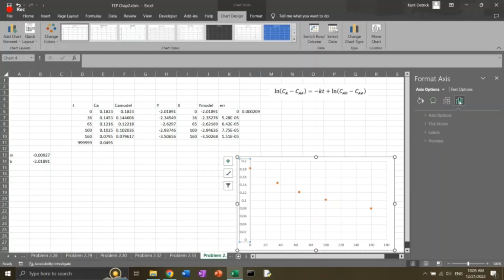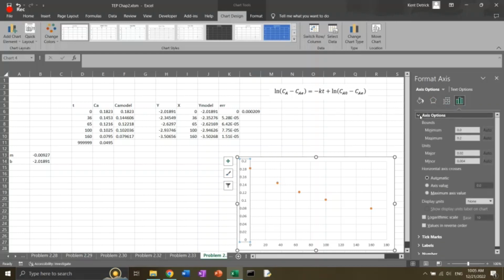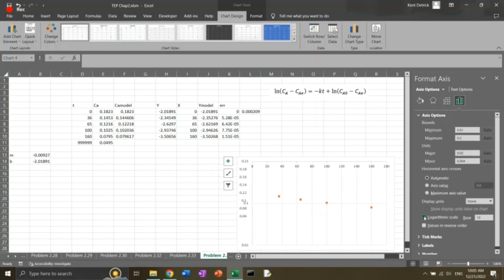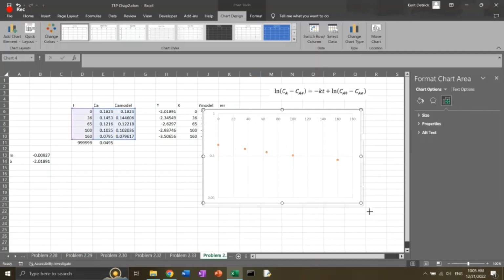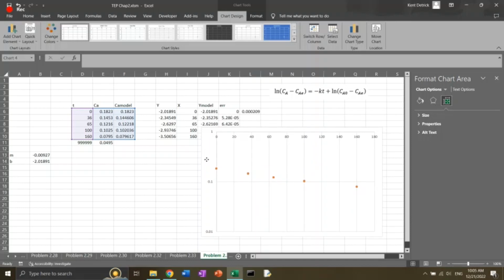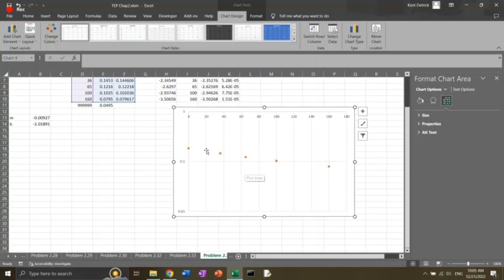We'll format the axis to have a logarithmic scale. There we go. So we've got our log plot here of the data, and it looks like our model is just right on top of the data.